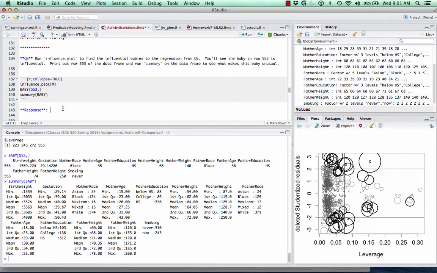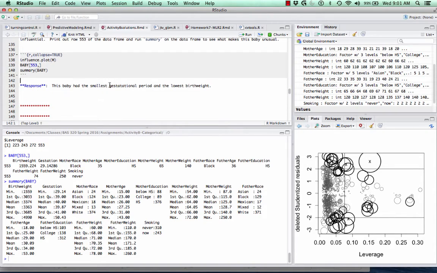There's nothing wrong with it, so we definitely leave it in the data set here. But we've been able to identify, just based on these simple summary statistics, what made it so odd. So in this case, we were able to identify what made this baby so odd. It was born really premature, essentially.